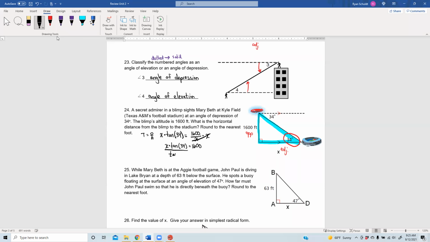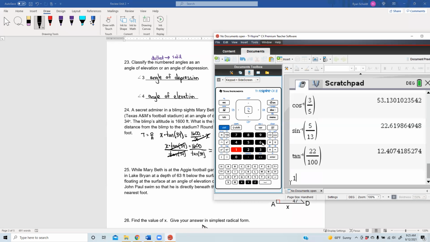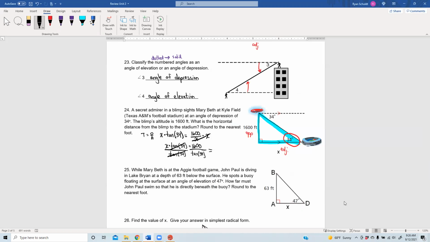Divide by the tangent of 34. Those cancel. And this is going to give you 1,600 divided by the tangent of 34. 2,372. 2,372 feet.